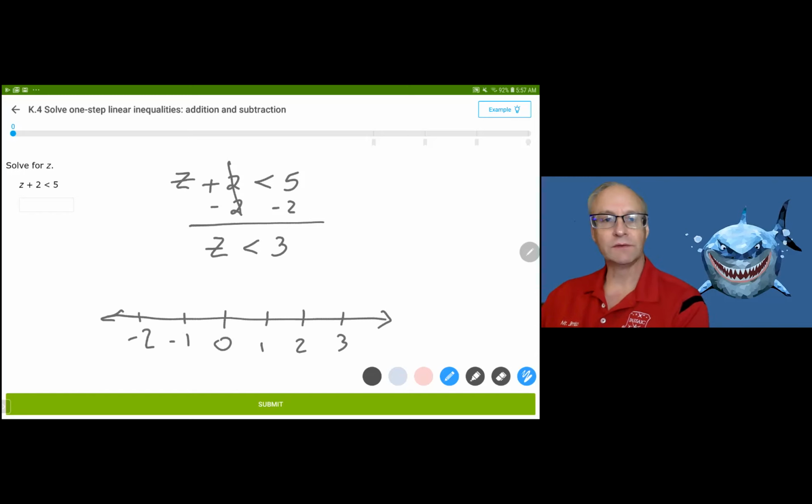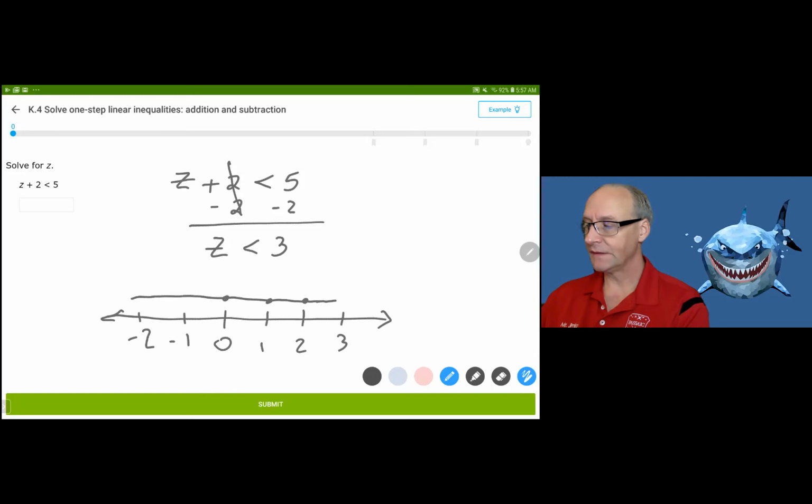Some people think, oh, well, it's going to be 2 and 1 and 0, but it includes all the points in between as well. All these points are included, and they're all solutions to this problem.